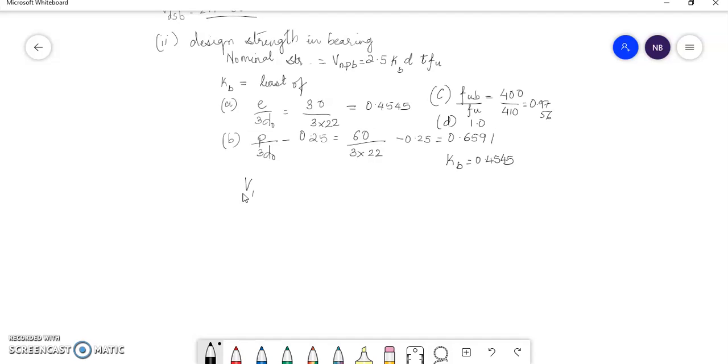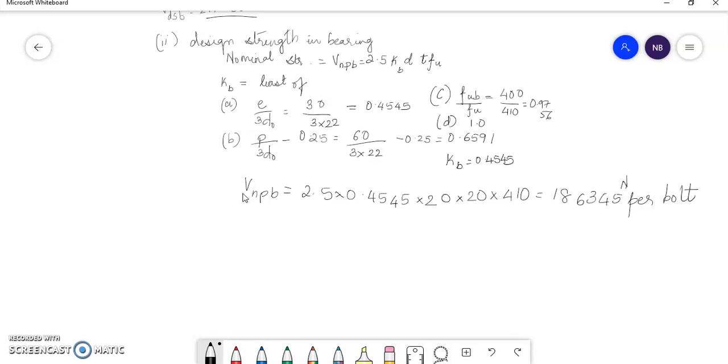Substituting all these values in the nominal strength formula, we get 2.5 into 0.4545. d is 20, thickness of the plate is 20, f_u is 410. This is in newtons.